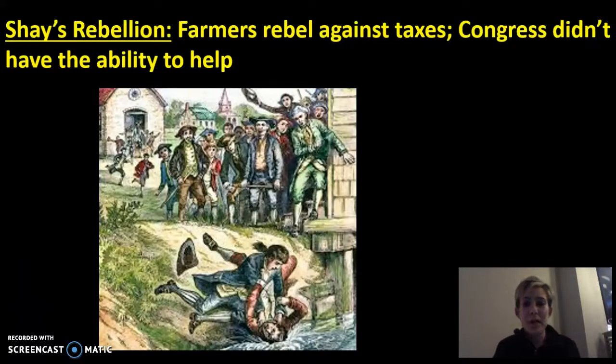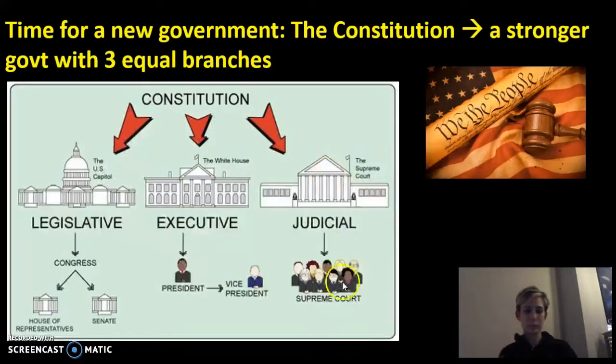So farmers started rebelling against the taxes. And states asked the federal government, the national government, to help stop the violence and the fighting over these taxes. But Congress literally could not do anything, because the Articles of Confederation restricted the national government so much that they couldn't even stop a rebellion in their own country.